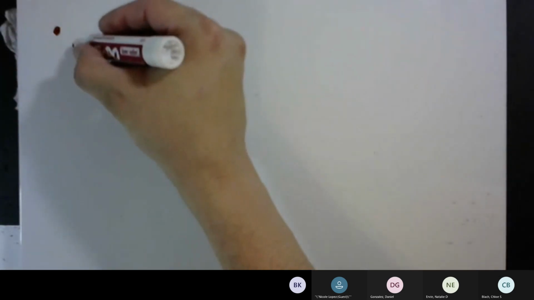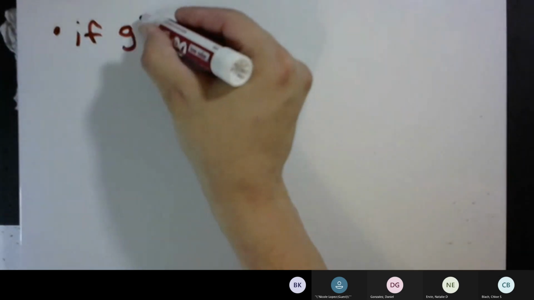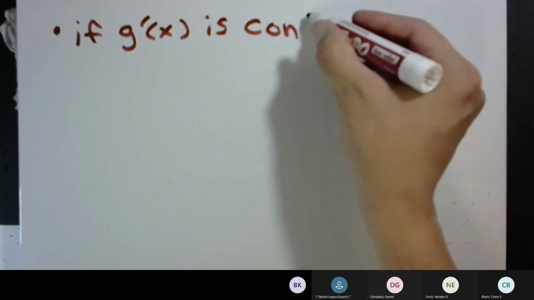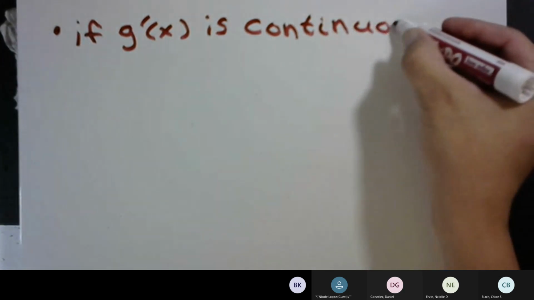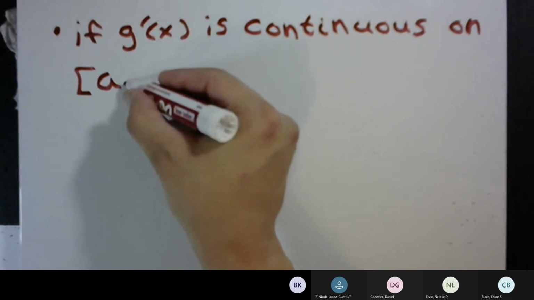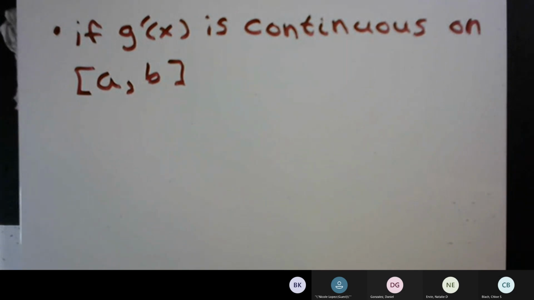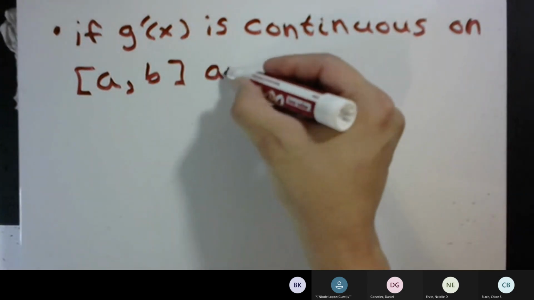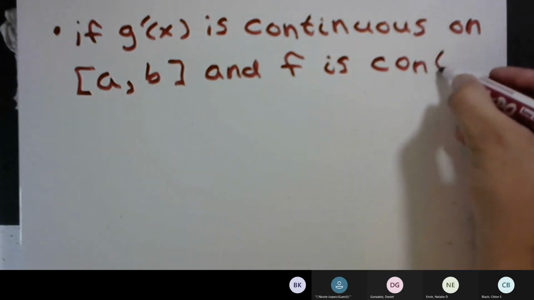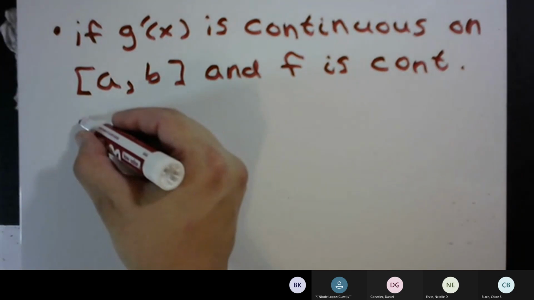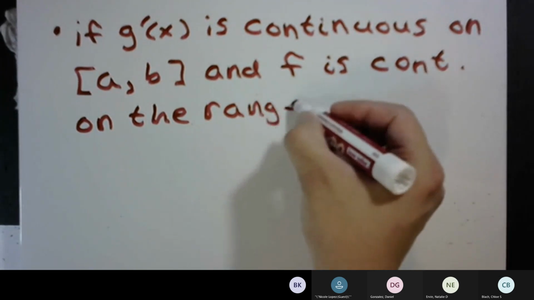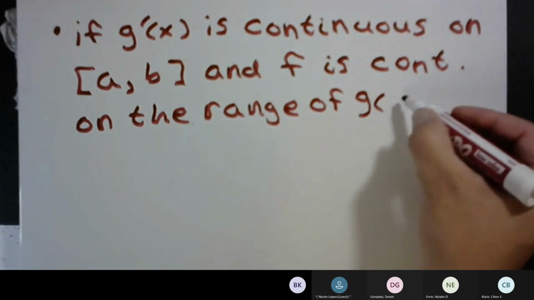So in summary, if g prime of x is continuous on [a, b] and f is continuous on the range of g of x.